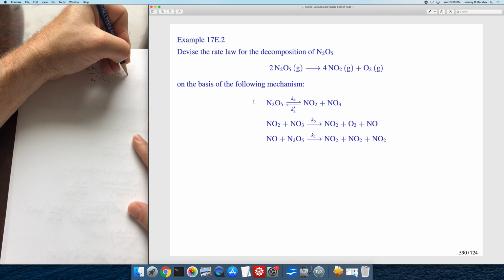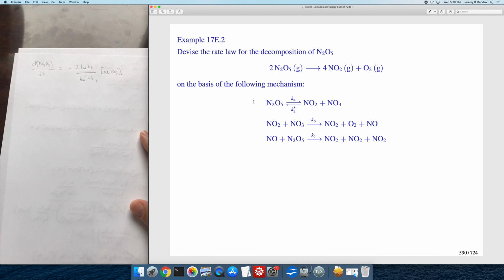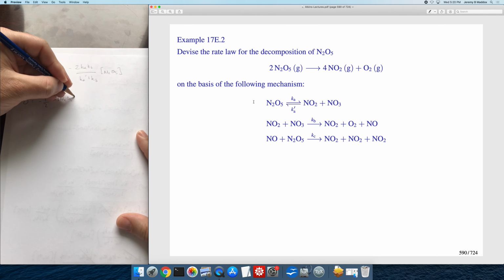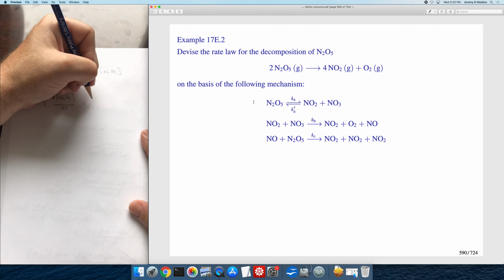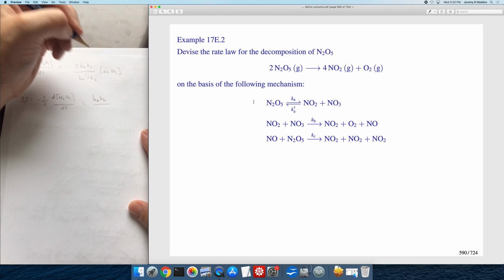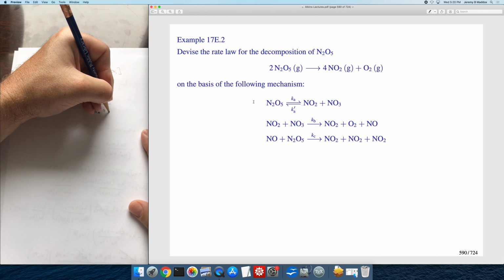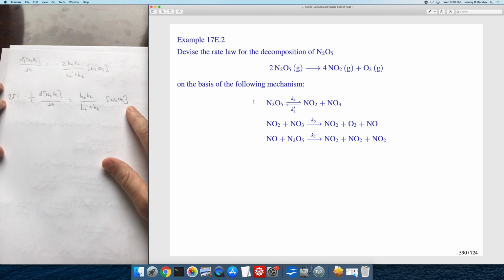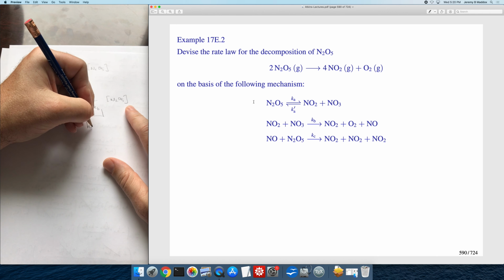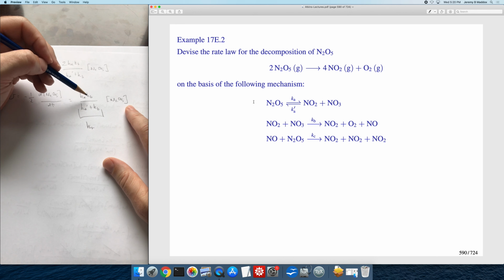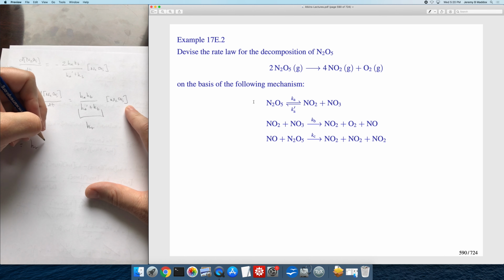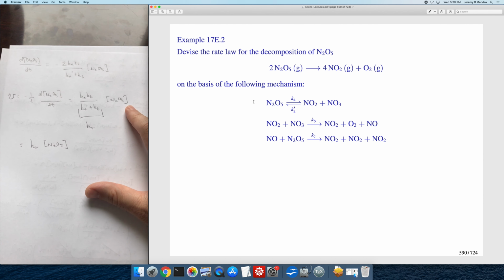And if we go back to the rate, which is minus 1/2 that time derivative, we get Ka Kb over Ka prime plus Kb, such that the overall rate is first order in the dinitrogen pentoxide, and then the effective rate constant, that is, the observed rate constant, is actually a combination of rate constants from the mechanism.